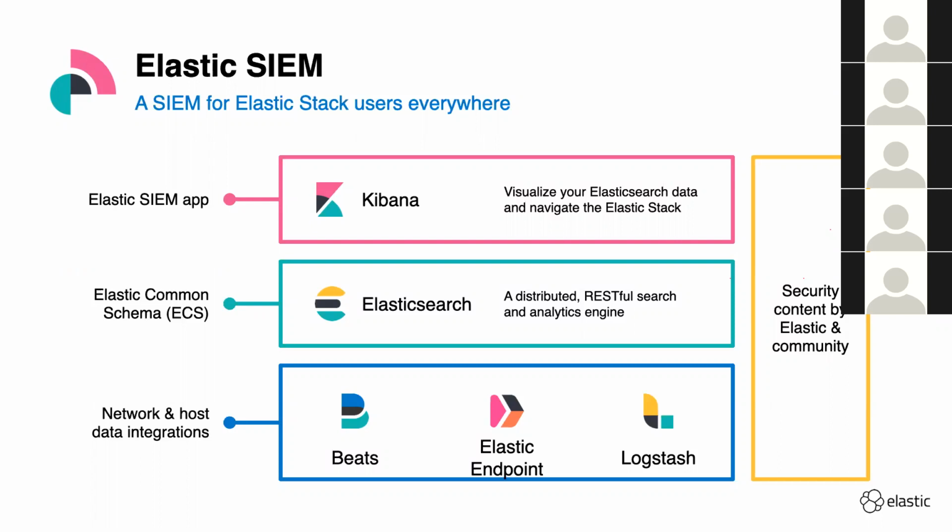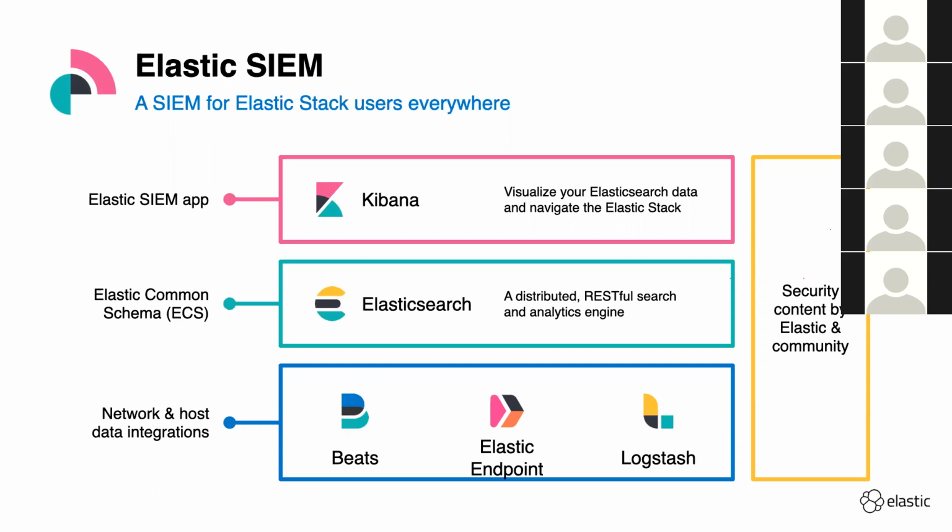Logstash also has modules ready to use directly to ingest and parse the data. We're also going to talk about ECS, or Elastic Common Schema for short, to build our data model. Open the new Elastic SIEM app in Kibana to bring it all together.